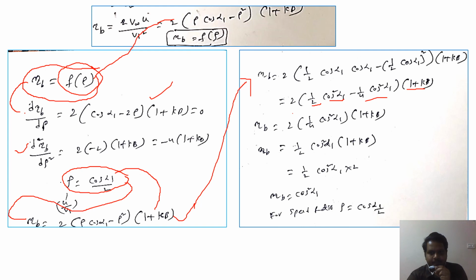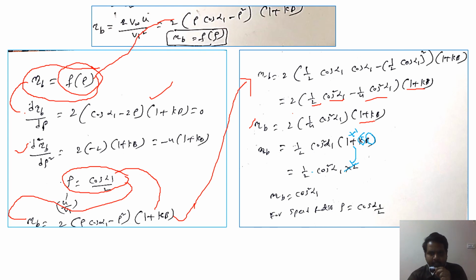And also we can write blade efficiency equals 2 into 1 by 4 cos square alpha 1 into 1 plus KB. Further simplifying, that is 1 by 2 into cos square alpha 1 into 1 plus KB. Here K and B are constants, so we take them as 1. 1 plus 1 is 2, so here we have written 2: 1 by 2 into cos square alpha 1 into 2.